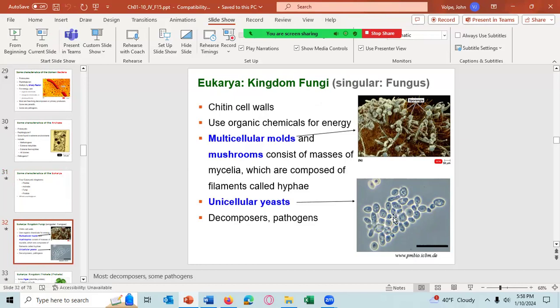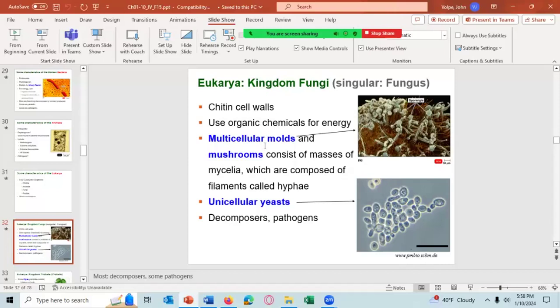When we're talking about the eukaryotes, we're going to talk a little bit about the fungi. Fungi is plural, singular is fungus. The fungi use organic chemicals for their energy needs, such as glucose. And if you don't know, glucose is the organic chemical that we use for our energy needs.